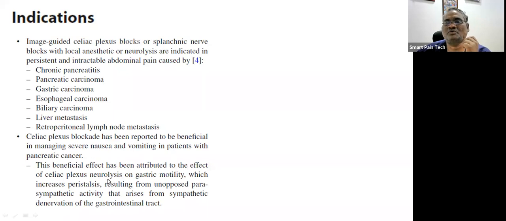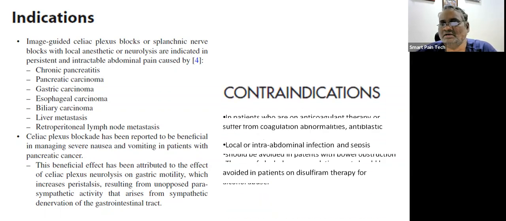This is attributed to the effect of the plexus on gastric motility, so it increases peristalsis. That's why when you give a celiac plexus block, most of the patients complain of diarrhea for 24 hours. Okay. That's why it also helps in a certain group of patients who have that.